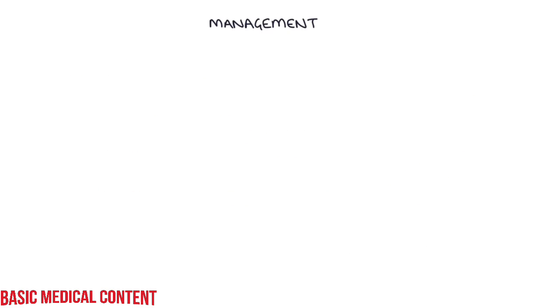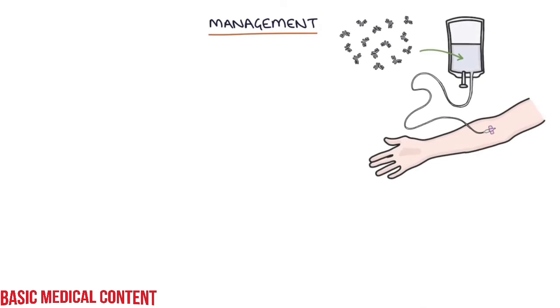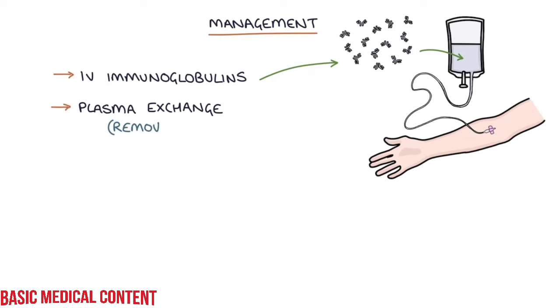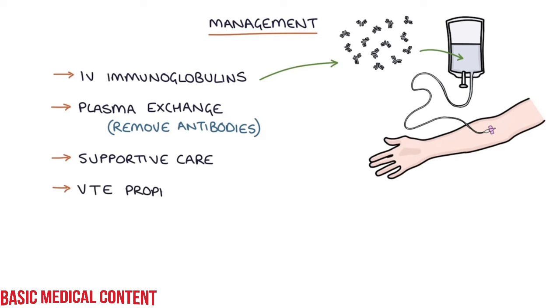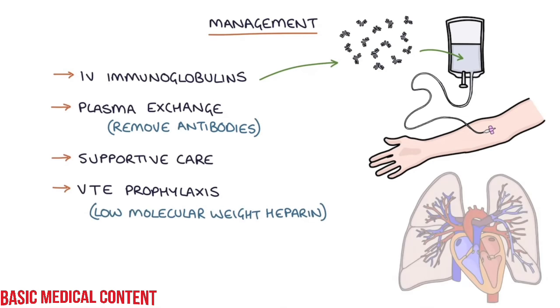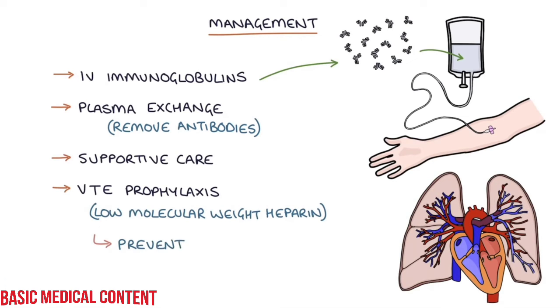Let's talk about the management of Guillain-Barré. It involves IV immunoglobulins, plasma exchange to try and remove some of those antibodies, supportive care to make sure the patient is still well despite having the associated weakness, and importantly, they need venous thromboembolism prophylaxis, so maybe low molecular weight heparin or enoxaparin, to prevent them from developing blood clots, because pulmonary embolism is a leading cause of death in Guillain-Barré syndrome.